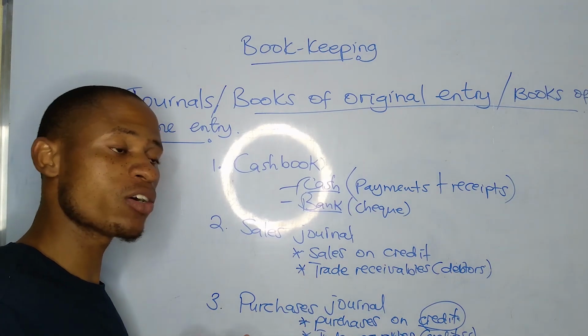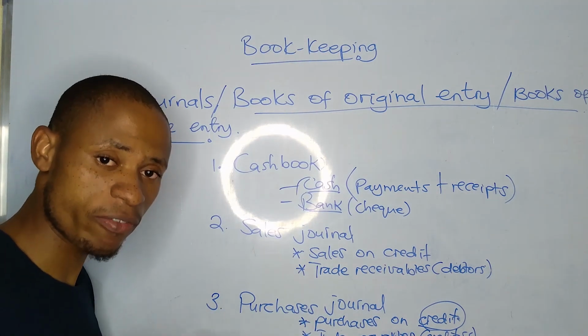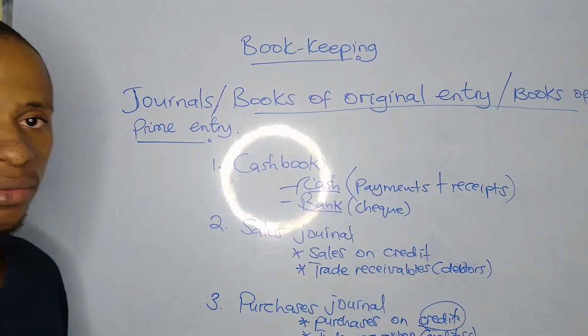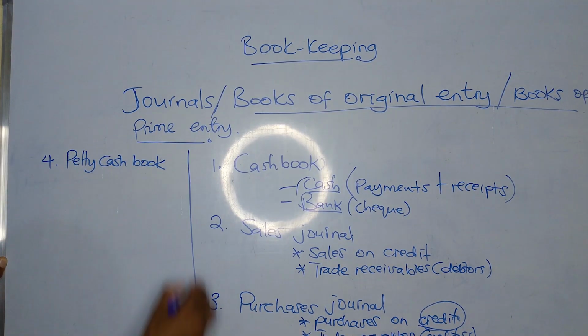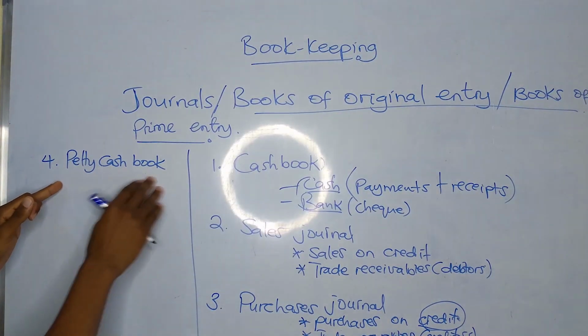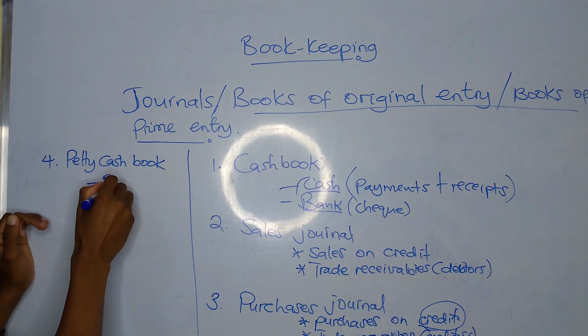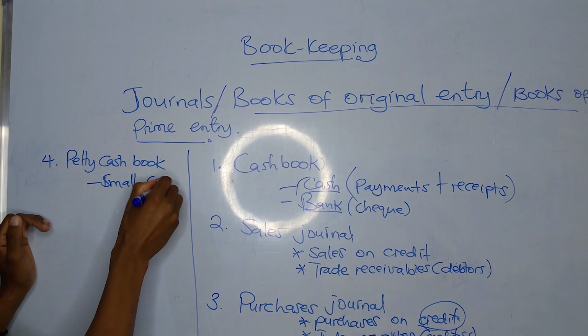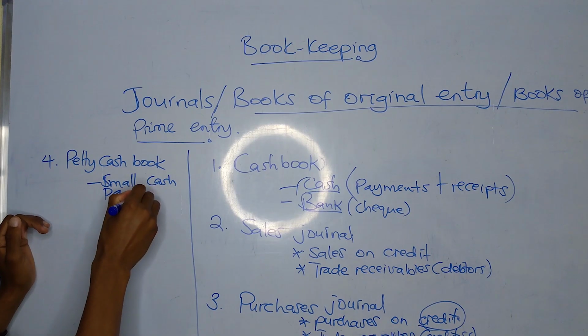If we want to find all the credit suppliers, where are we finding them? In the purchase journal. Then we have a petty cash book. This petty cash book records all small cash payments.